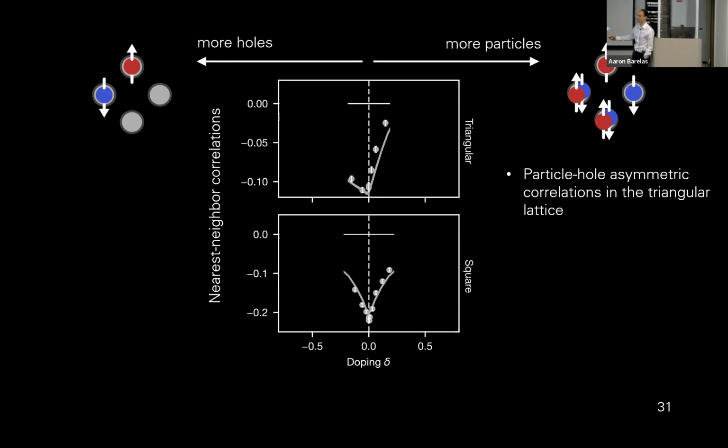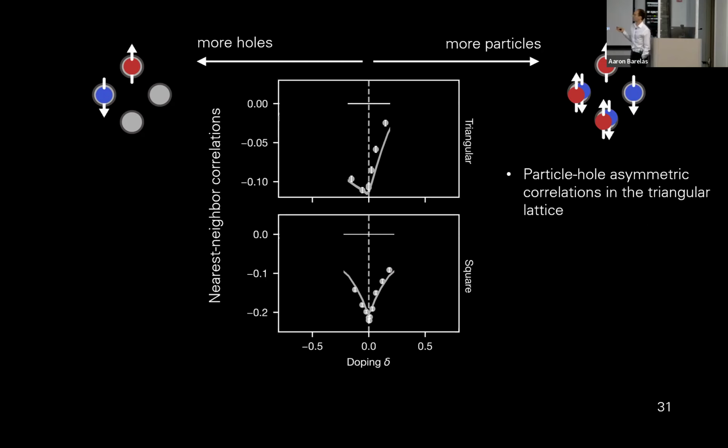Here, positive doping corresponds to adding more particles to the system. And we see, interestingly, that whereas the square lattice has particle-hole symmetric correlations at small dopings, the triangular lattice has very strongly suppressed AFM correlations when doping with particles versus doping with holes.